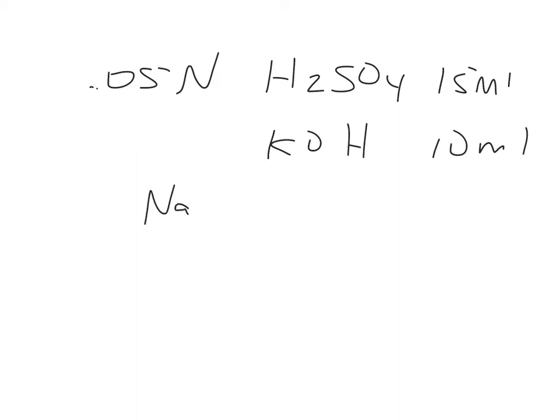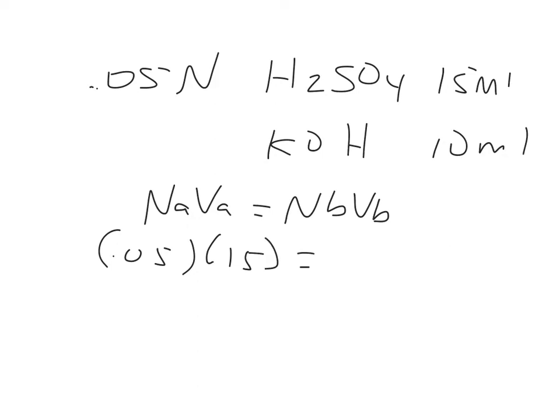So I'm going to use NaVa equals NbVb. And I can do this without converting my milliliters to liters. I can just solve for x. I can put 0.05 normality times my 15 milliliters equals my x times my 10.